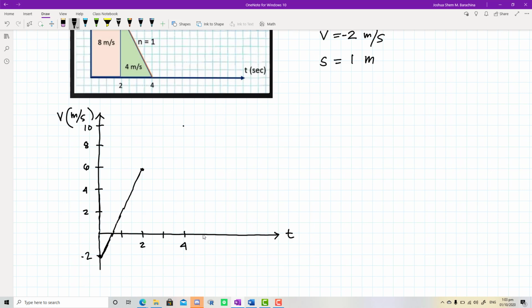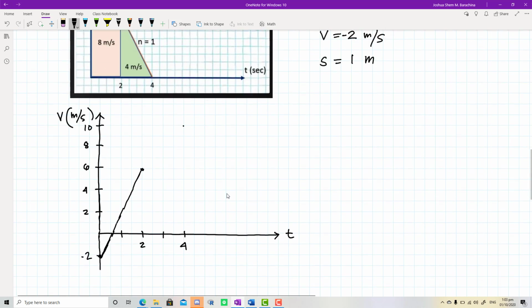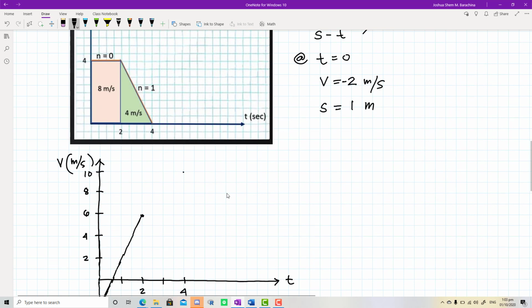So for the curvature, since we started with a first degree, we will increase it by 1. So the curvature of this curve will now be second degree. So it is now a second degree curve. Now for this one, if you will notice here, that is positive, so that is going up.